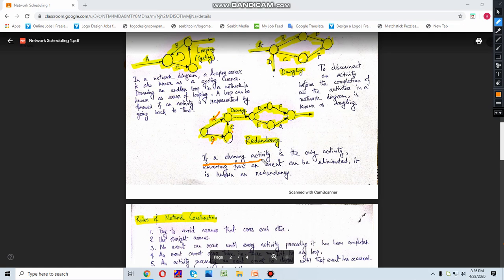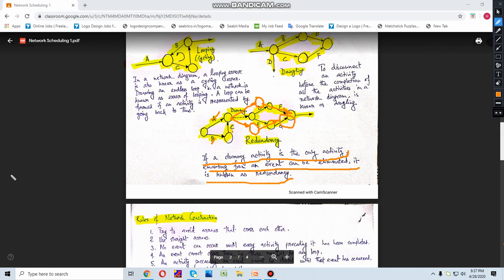If a dummy activity is the only activity emanating from an event which can be eliminated, then it is known as redundancy error. That means this is not required. From here you can generate D, you can generate E, something like this.